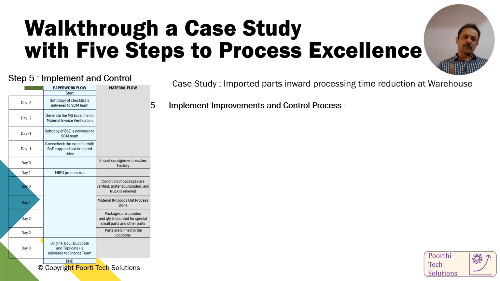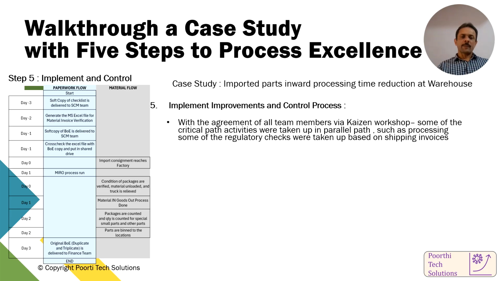Moving to the corrective step, implementing the improvements and control processes, the team came up with an agreement among all team members during a Kaizen workshop where all the stakeholders were present. The critical path activities were taken up as a parallel path, such as processing some of the regulatory checks based on the shipping documents.